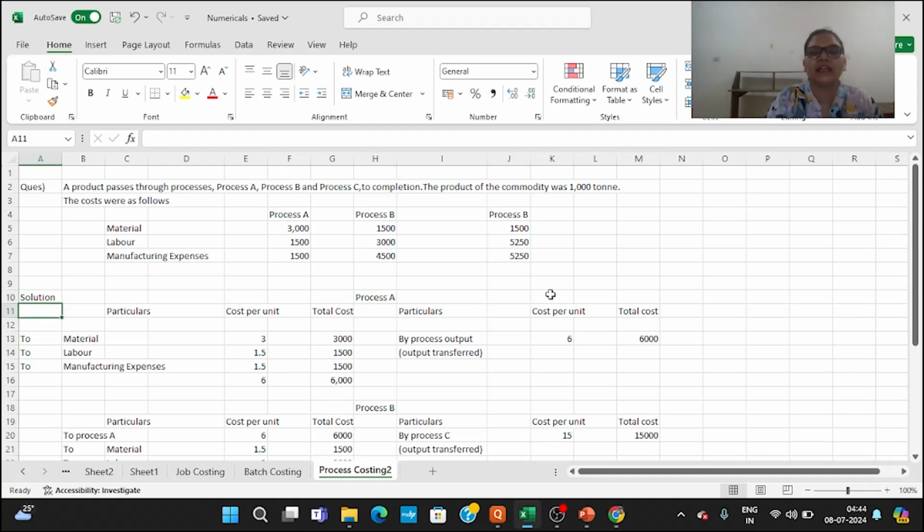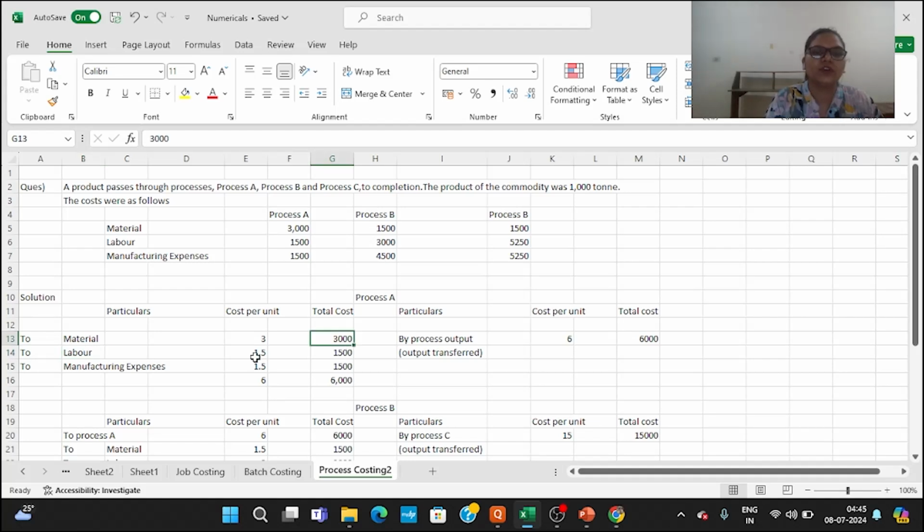First of all, we should be clear with the format. This is a debit side and this is a credit side. In debit side, we record all the expenses, and in the credit side, we record all the process output transferred and finished stock account. Now, we will record all the expenses, labor and manufacturing and material which have been given in the question total, and then for getting cost per unit we will divide them by 1000 units.